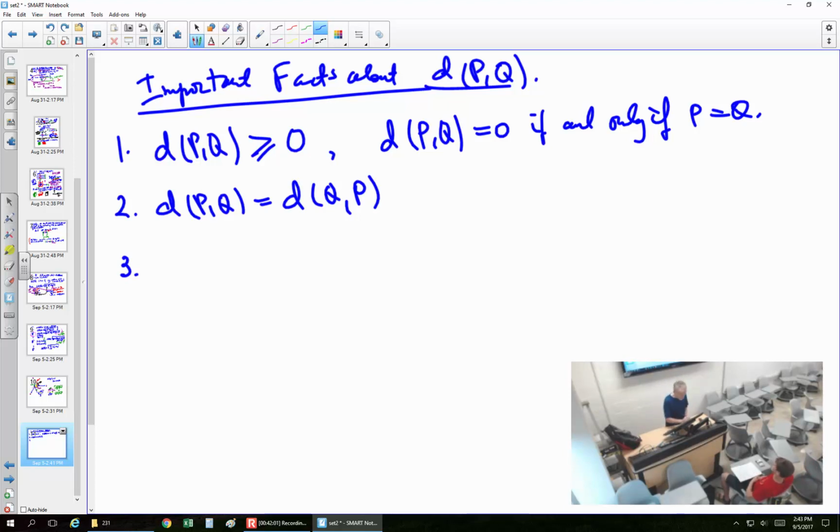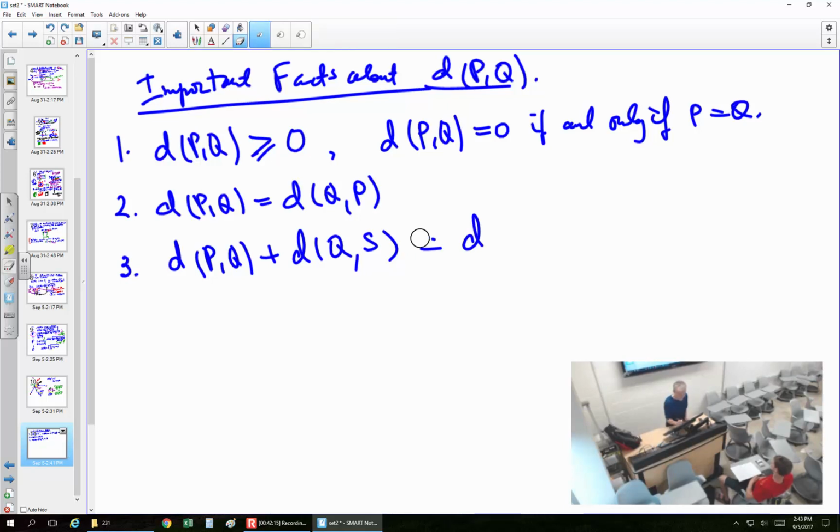The more interesting property is this: d(P,Q) plus d(Q,S) is larger than or equal to d(P,S).